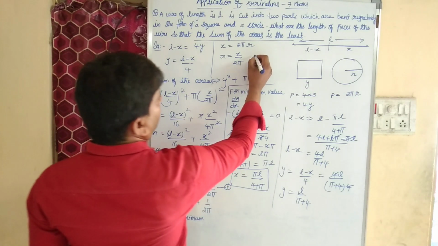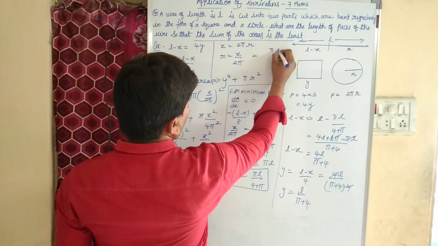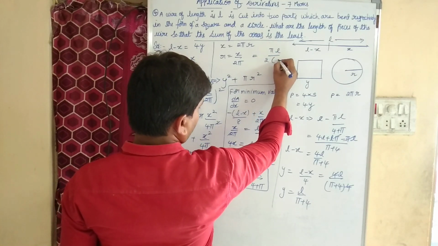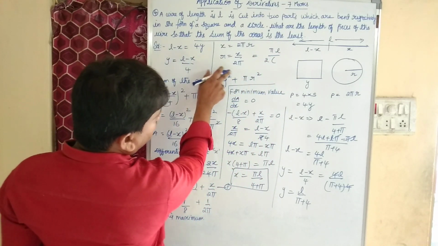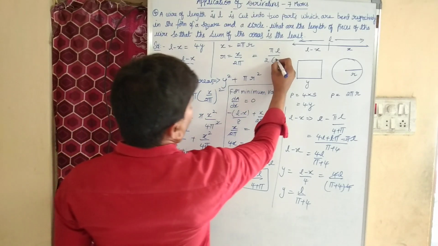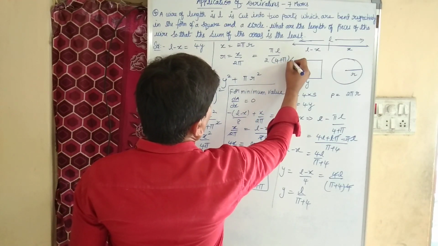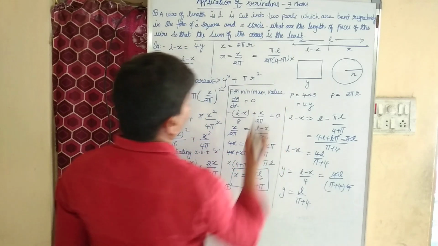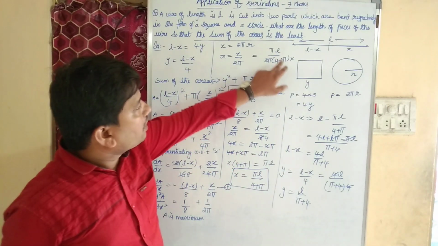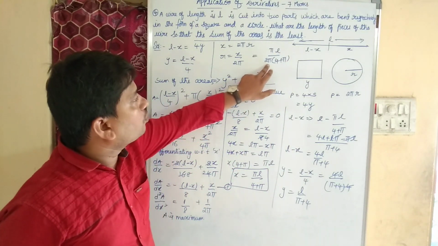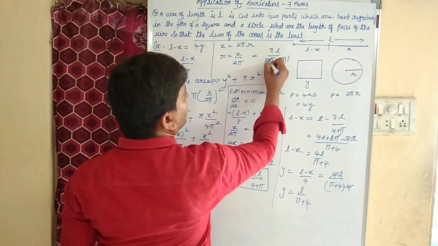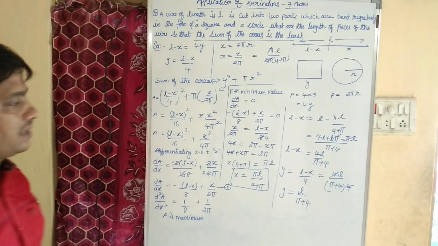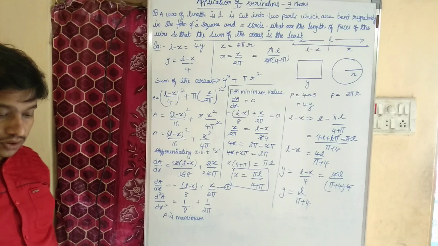X value is pi L by (4 plus pi), and already we have 2 pi, so pi gets cancelled. So L by 2 into (4 plus pi).